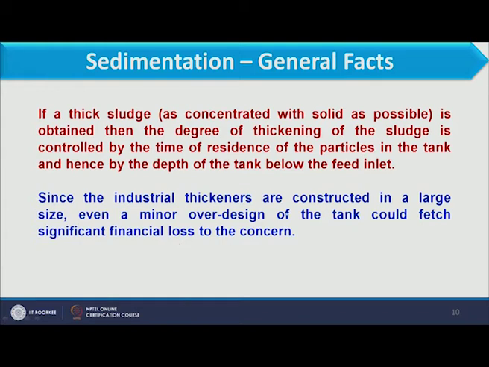In a subsequent slide you will see the diameter of the tank is very high, sometimes it is 150 meter also. So if we are providing such a high diameter tank, height should also be a factor in this. Even if we over design a little bit, the financial loss will be significant. So we have to design the sedimenter very carefully.